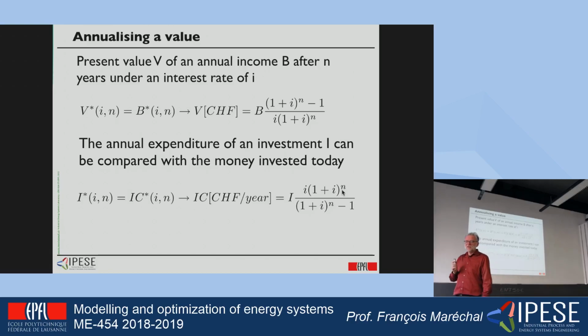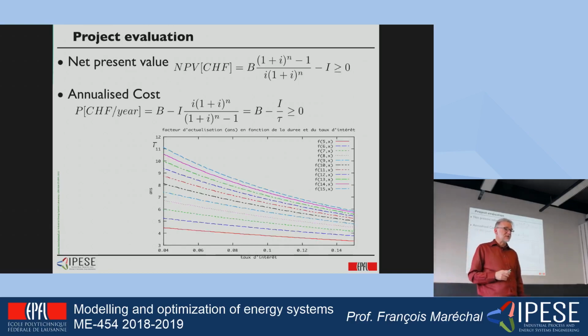Okay? Which then allows me to calculate the net present value of my system by comparing the investment that I'm making with the equivalent income expressed in Swiss francs of today, or the annualized cost, which is the profit that I'm making minus the amount that I have to pay to reimburse my investment.